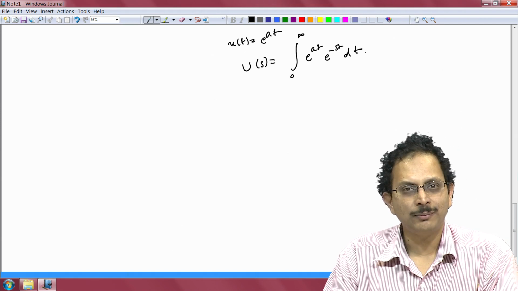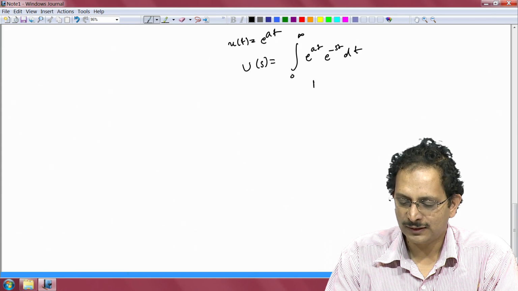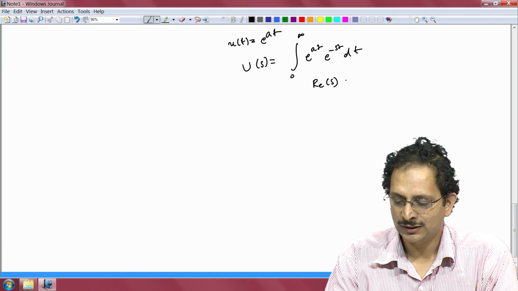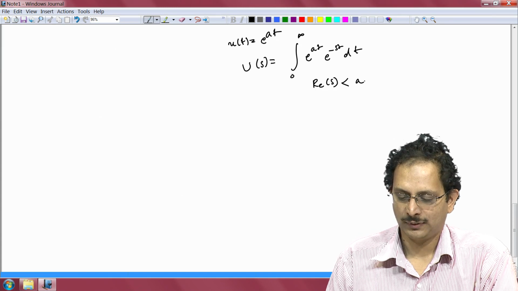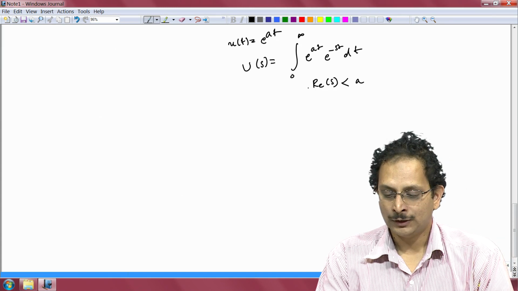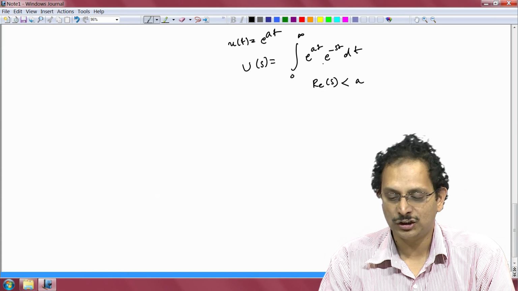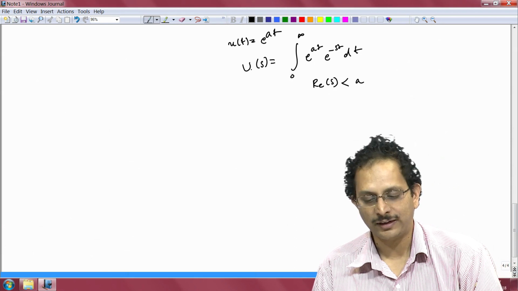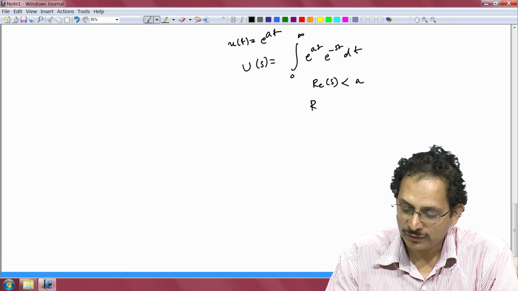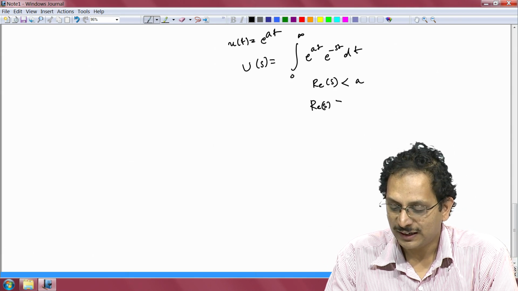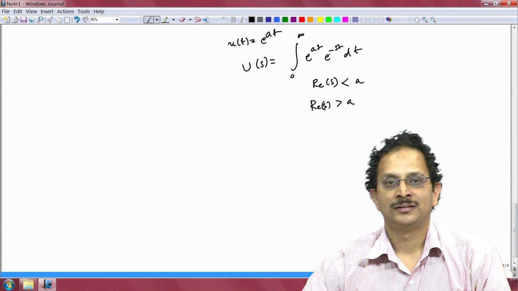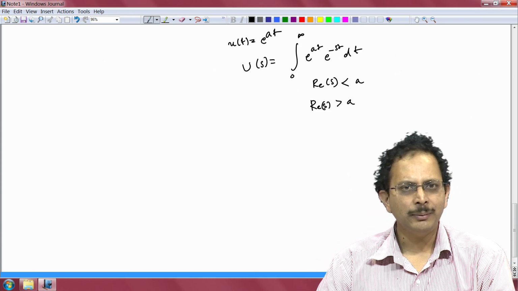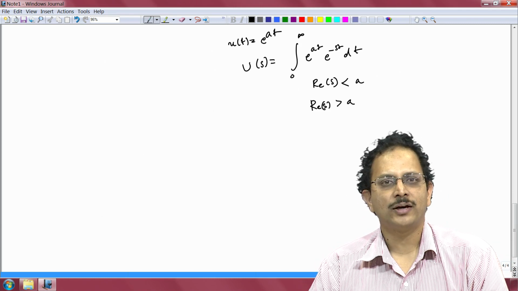You can clearly see by inspection that if the real part of s is less than a, then you would have an increasing exponential as the integrand, and therefore u of s cannot be defined. Therefore the real part of s has to always be greater than a for this integral to exist, and this can be observed even in case of other functions.